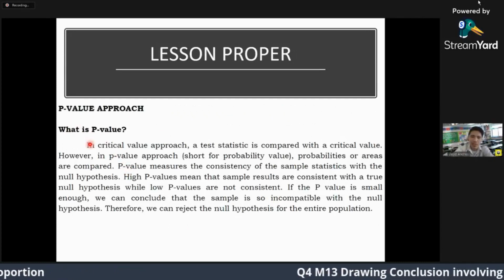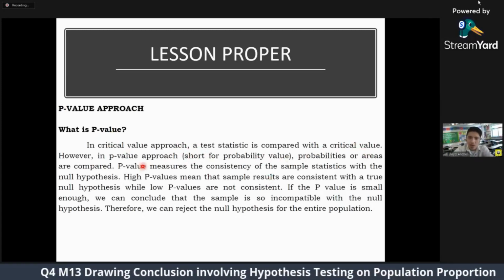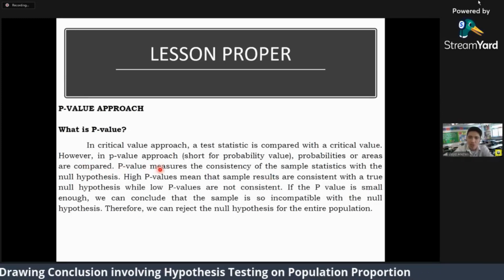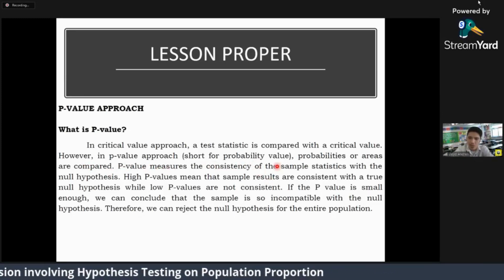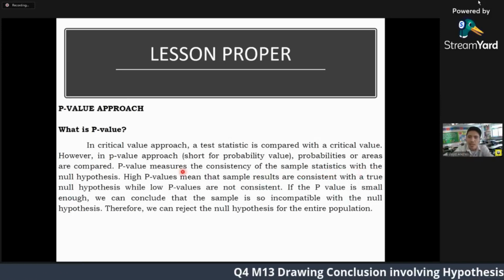What is a p-value? In the critical value approach, a test statistic is compared with the critical value. However, in the p-value approach, short for probability value, probabilities or areas are compared. The p-value measures the consistency of the sample statistic with the null hypothesis.